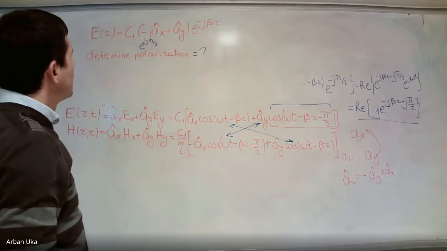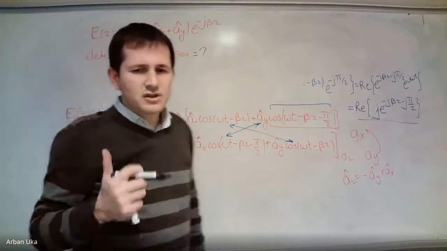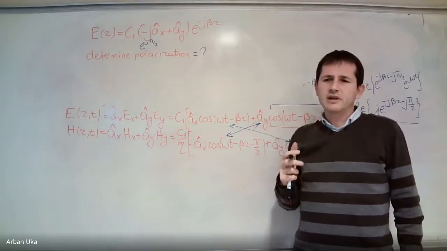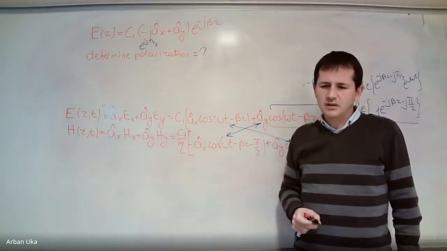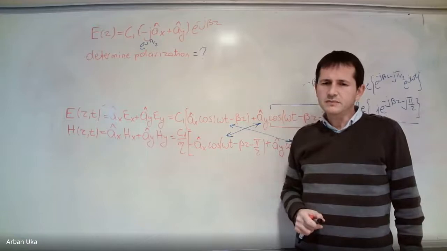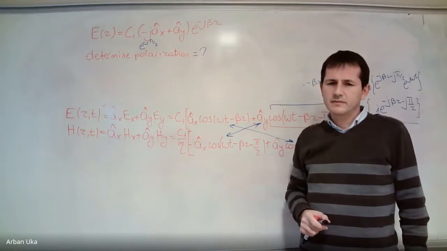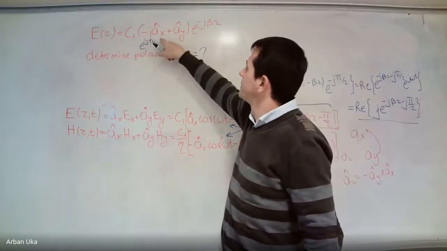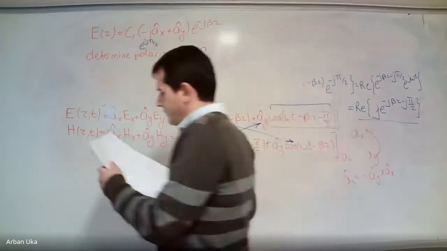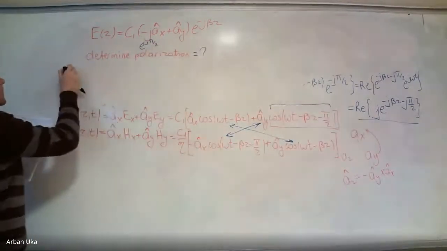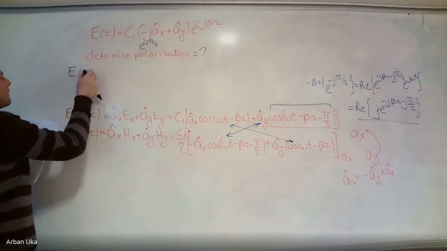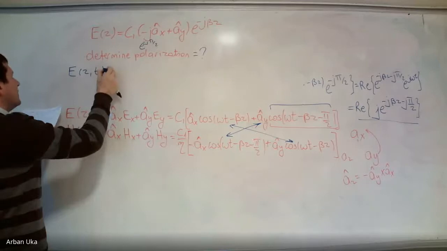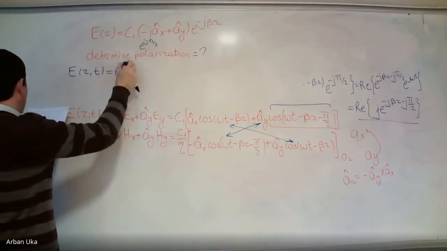But what can you say about the amplitude? Do you see what is the amplitude for the electric field along the x direction and along the y direction? What can you say about this one?